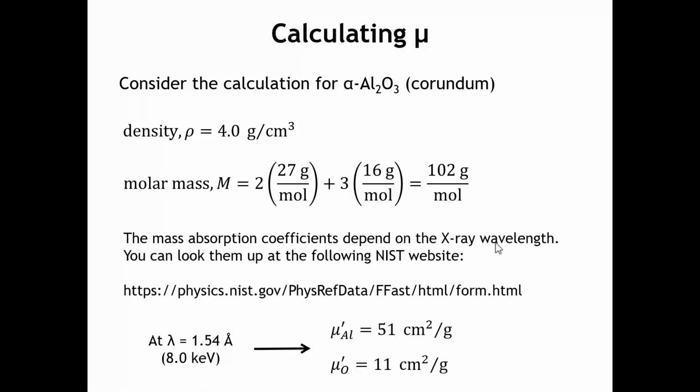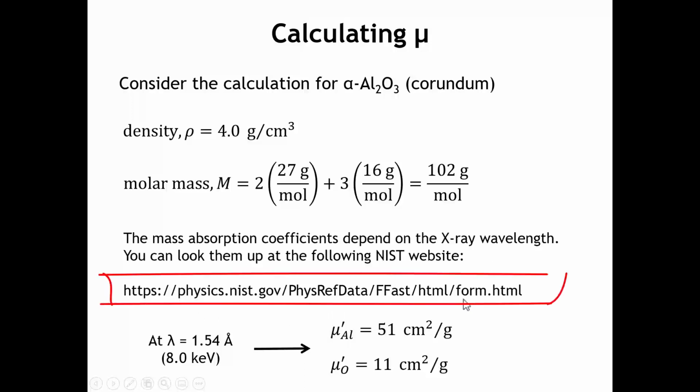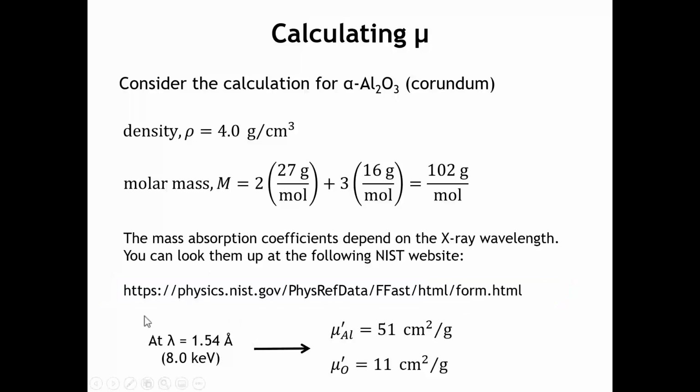And then we can look up the mass absorption coefficients for aluminum and oxygen from this NIST website. I'm going to tell you that these mass absorption coefficients depend on the wavelength. Here we're going to do the calculation at a wavelength of 1.54 angstroms. That's the kind of radiation that we get from a copper X-ray source.